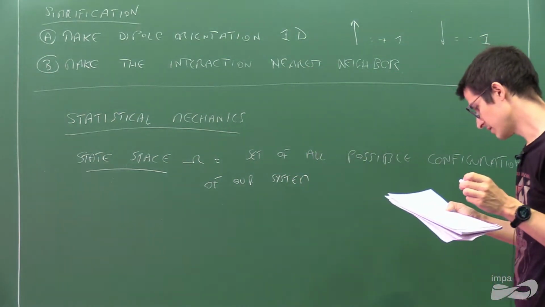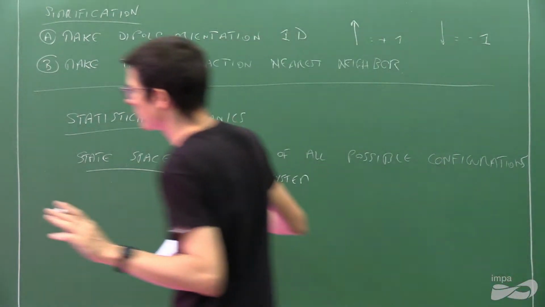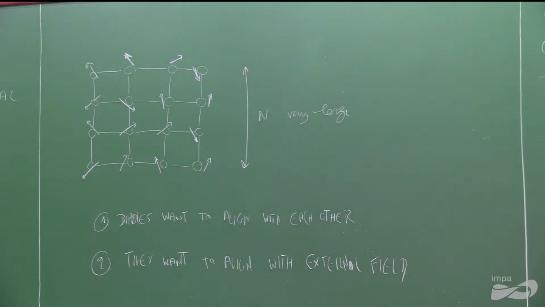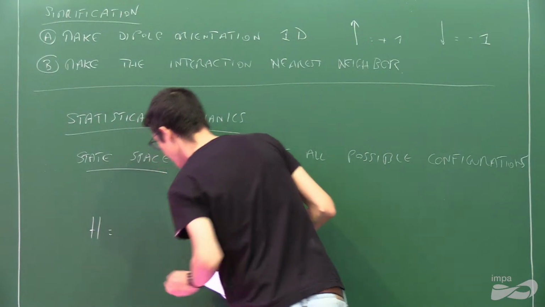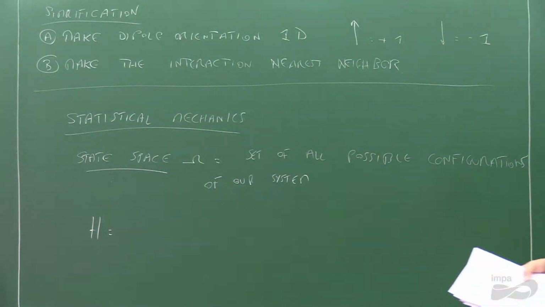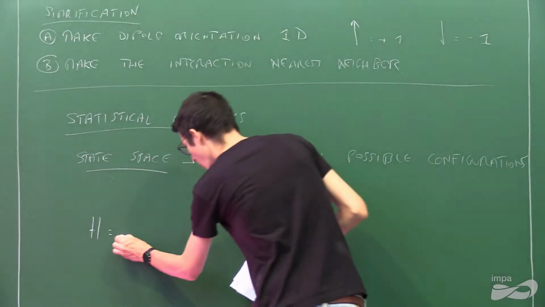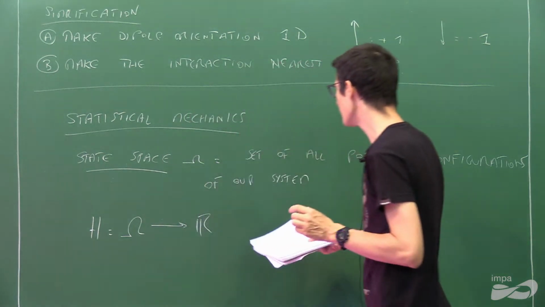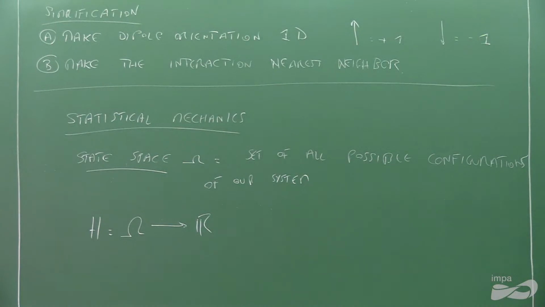Okay, I will then tell you what's the state space in the specific case of the Ising model. Then we take H, which is an energy functional, which goes from omega to R, which to each configuration of the system associates an energy.